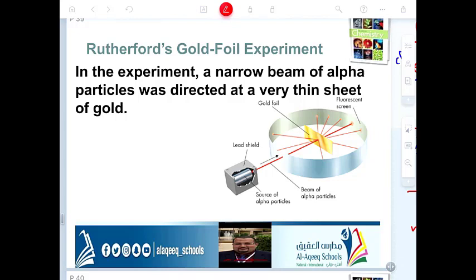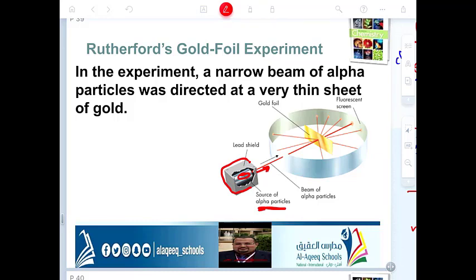He put this source of alpha particles, like uranium, like plutonium, whatever, here, and put it in a lead shield to allow the rays to move in this direction only, not in any other direction. Lead prevents any of the rays from getting out from any side, only this side that has an opening.